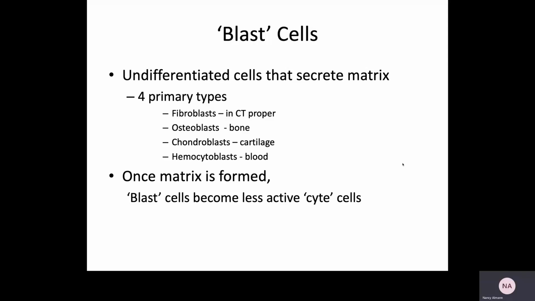So osteoblasts morph into osteocytes. Chondroblasts, again, chondro means cartilage, will morph into chondrocytes. And then hemocytoblasts are giant cells that, depending on how they're programmed to split, will change into any of the formed elements, depending on what genes are triggered.